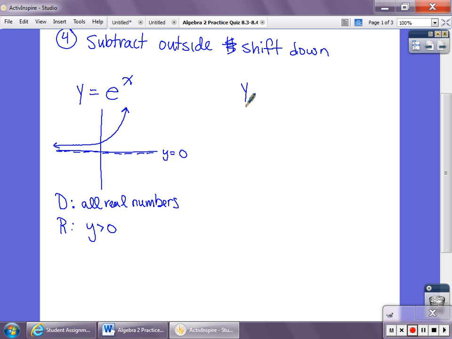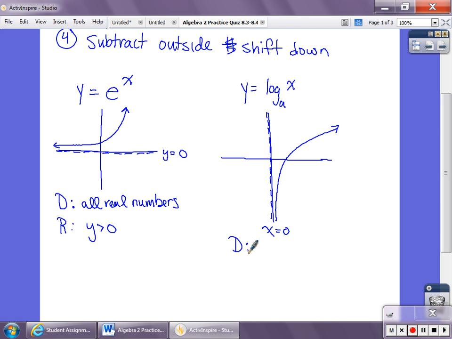But for y equals log base a of x, and that could be natural log, it could be log base 2, whatever it is, that's a little bit different. That's the inverse of the exponential function. So now we have a vertical asymptote at x equals 0, and that graph starts here and goes out like that. So we need to remember these two general shapes.